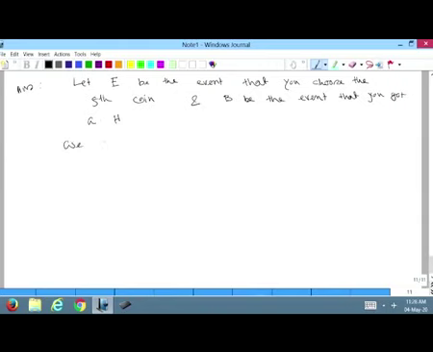We want to compute probability of E given B.